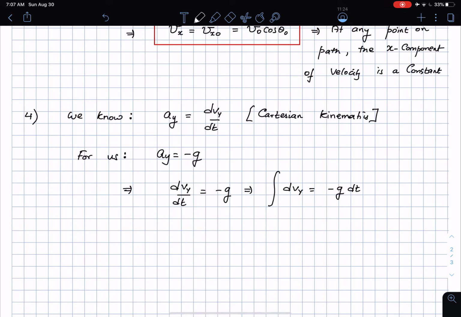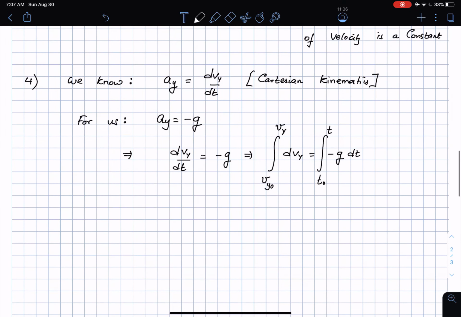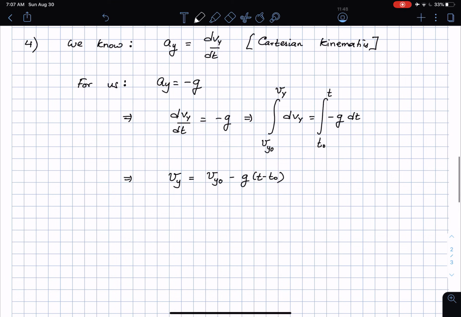Integrate this from some initial value vy naught to some value at some point in time, and integrate this from some t naught to some point in time t. After I perform the integration, I'm going to end up having the following: vy is vy naught minus g times t minus t naught. Substituting for vy naught, vy is v naught sine theta naught minus g times t minus t naught.